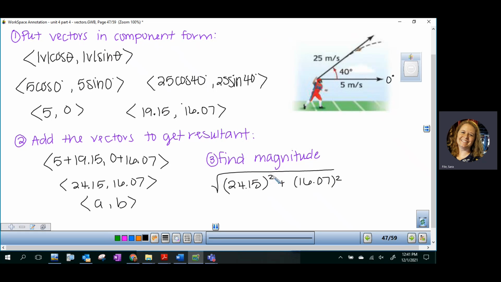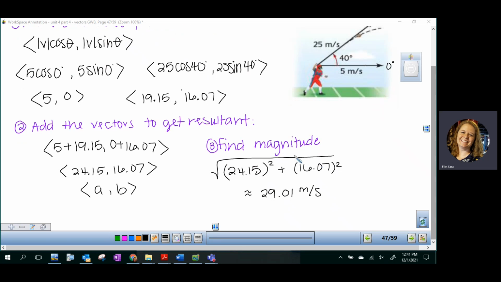You'll agree with that? Okay, so when I do that, the magnitude comes out to be approximately 29.01, and they did give us a unit. This is meters per second. Okay, so that's the magnitude or the speed of the ball when you combine his running speed and his throwing speed. Okay, so the ball's actually traveling a little faster.